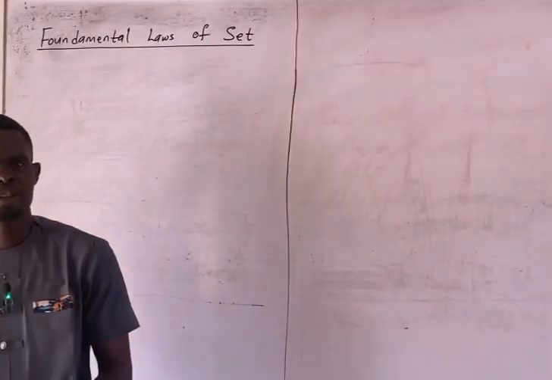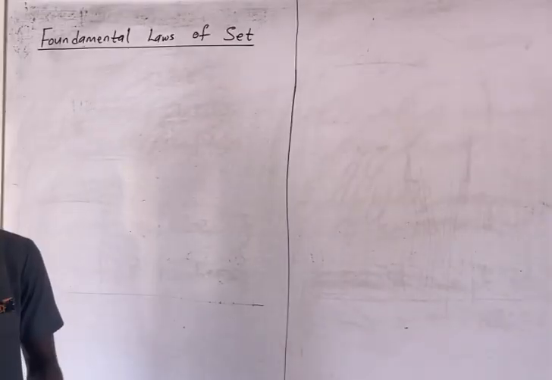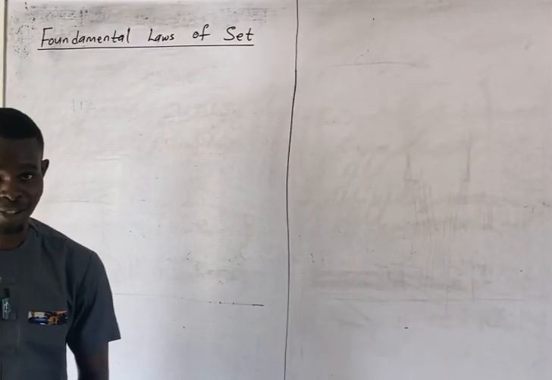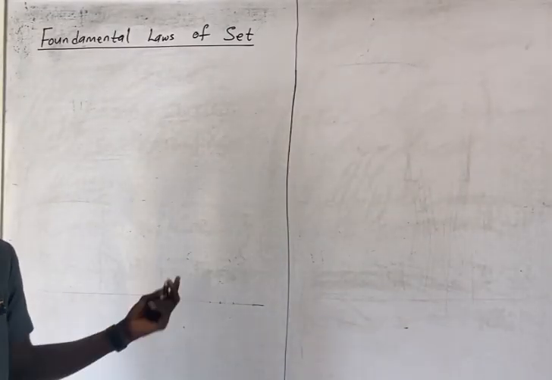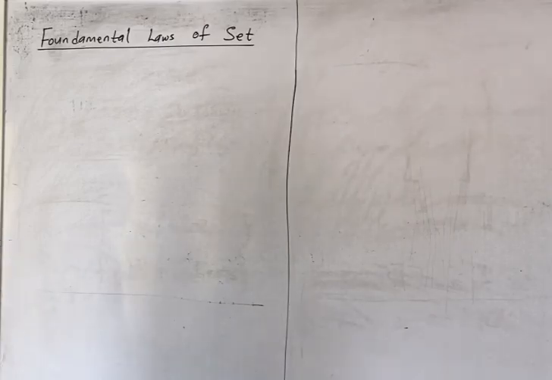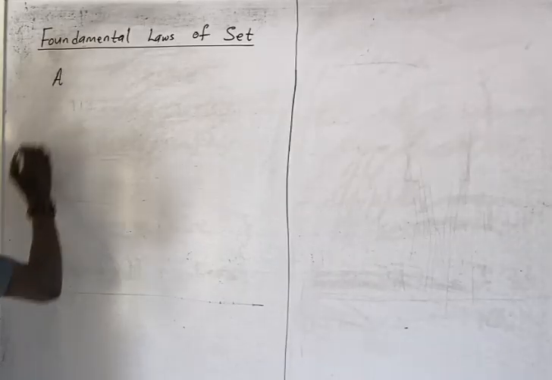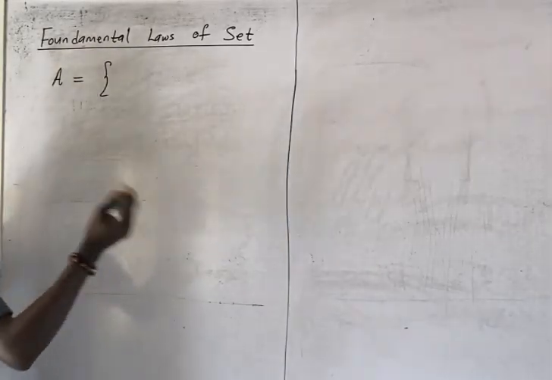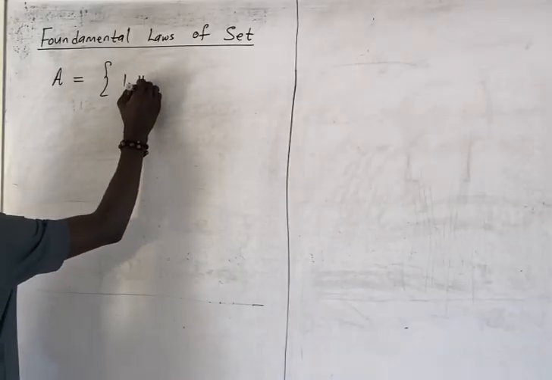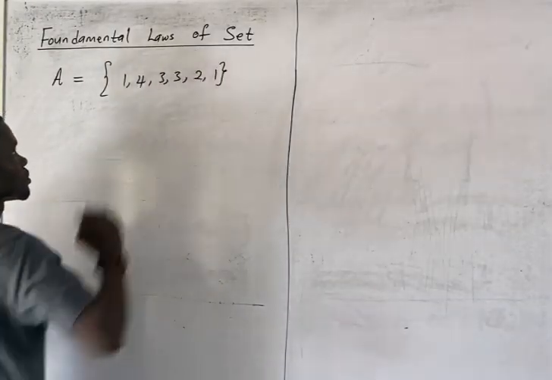Now, let us talk about the fundamental laws of sets. In Nigeria, we have laws guiding everything we do as citizens. So in set theory as well, we have some laws that guide how we write sets and things we do in set theory. Let's say, for example, I have this set A, with elements 1, 4, 3, 3, 2, 1.